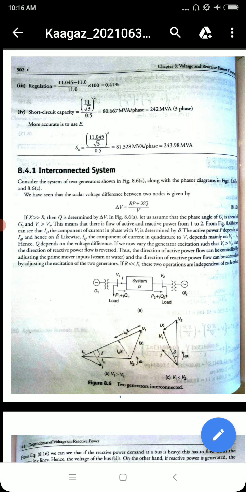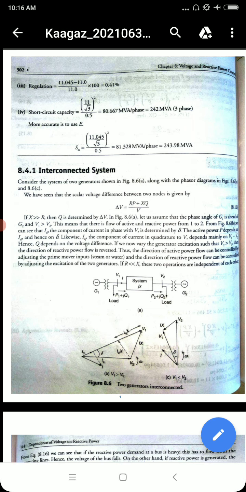If we make reactive power Q equal to 0, then there will be no voltage drop between the bus 1 and 2. So from the equation 8.16, we can write the expression for the receiving end reactive power as Q2 is equal to V2 delta V minus RP2 by X. I have changed that one. Okay, you can see V is taken to delta V, and if you take the RP to the other side, that will become minus.